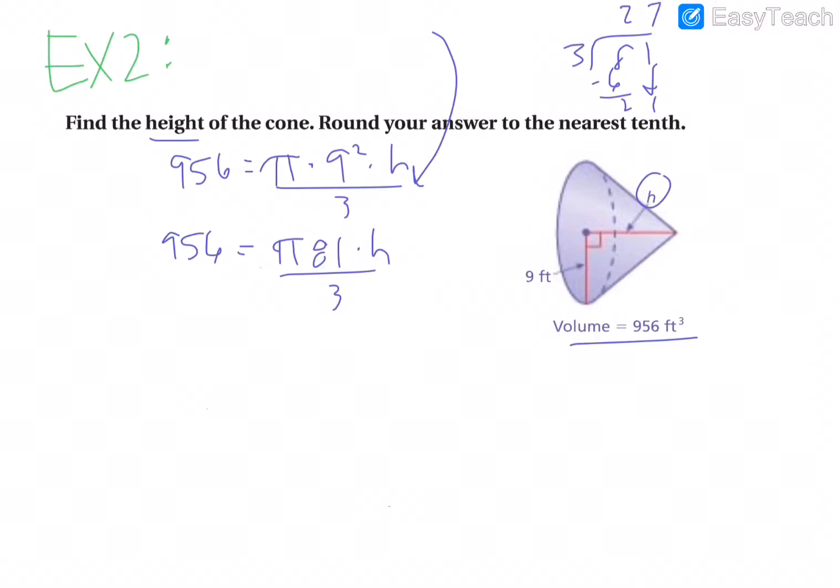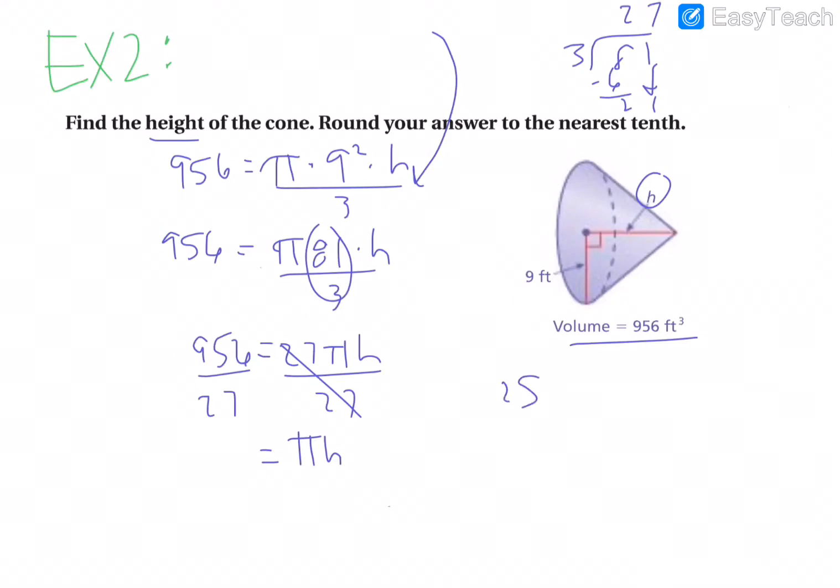So that's 27. So 27 pi h. I just did the 81 divided by 3, so the denominator is gone. Now I'm going to divide by 27. I do not think this one's going to be super nice, but we'll see what we get.